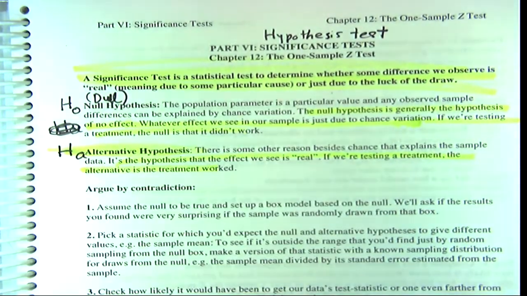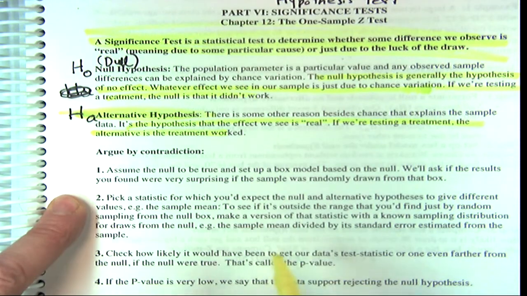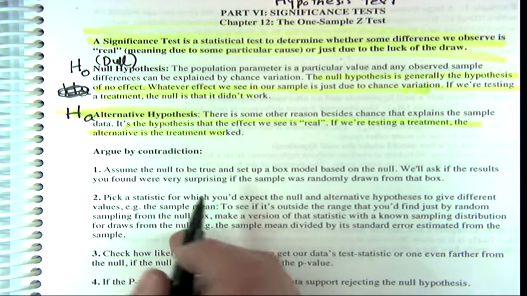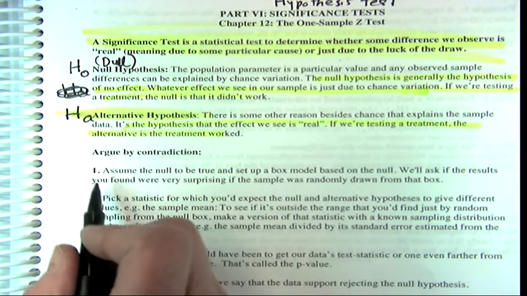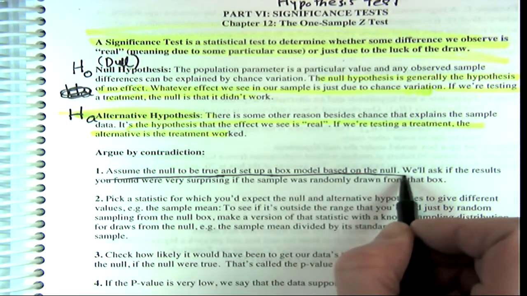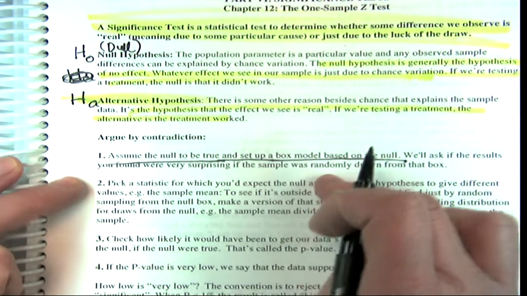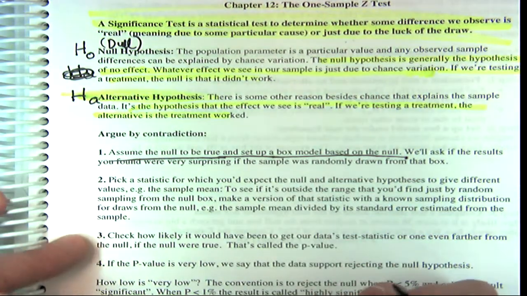So we have these two competing hypotheses, and we assume the null to be true. That's the whole key. We assume it's just due to chance. That's really important. And we set up a box model based on the null. From that box model, we get a sampling distribution.